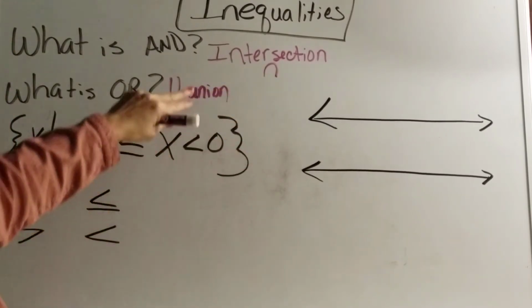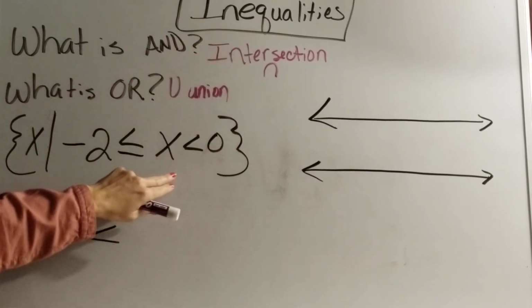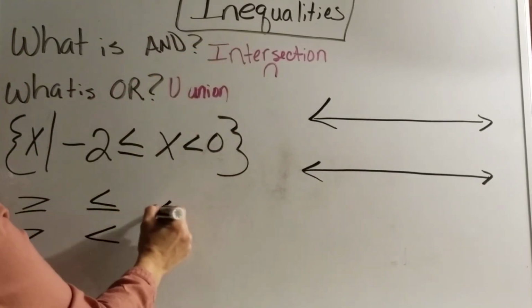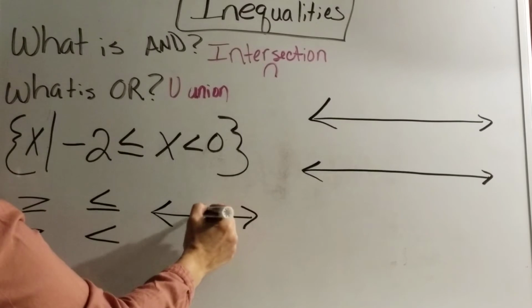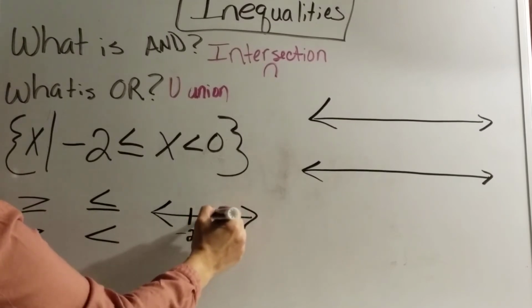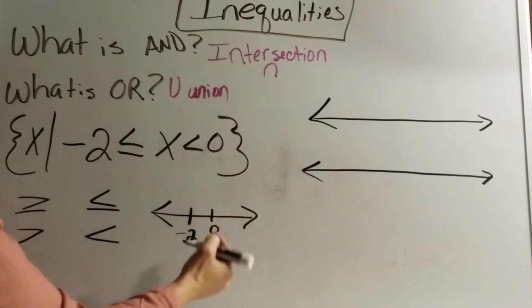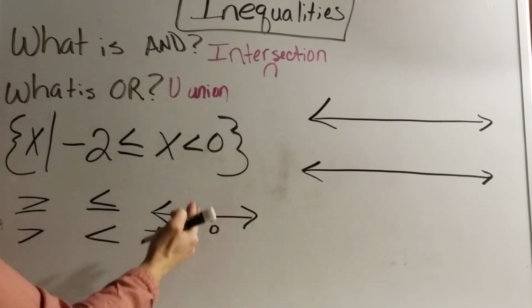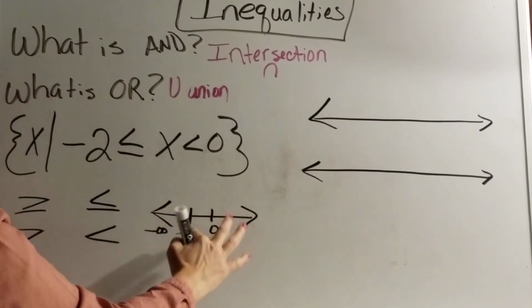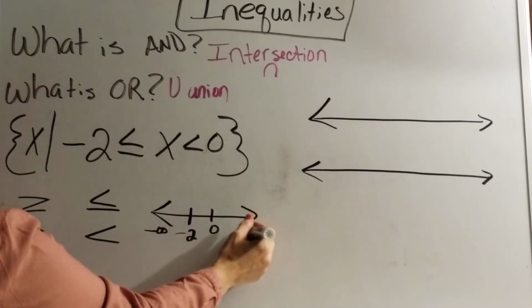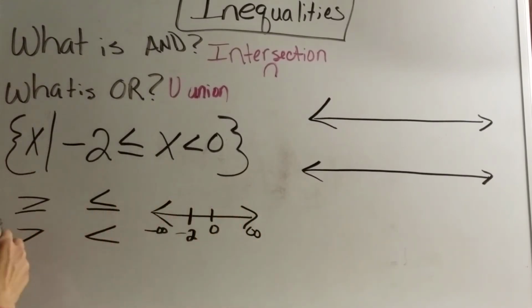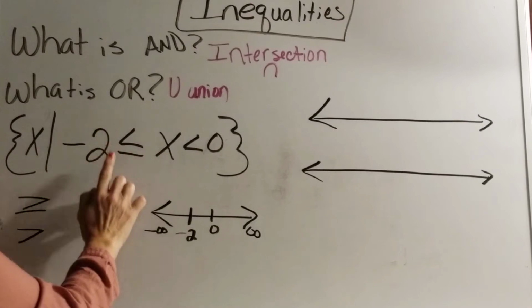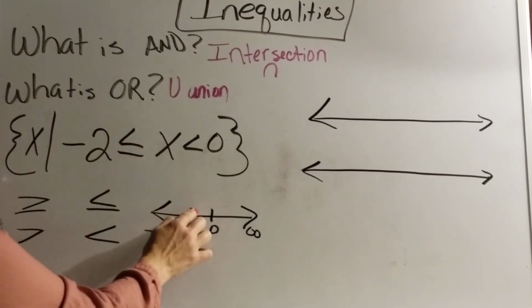If they didn't ask you about "and" or "or," and they just said graph this, that would be easy. We would say -2 is on this side of the 0 going closer to negative infinity. And then 0 is a halfway mark on the line because we have negative infinity to positive infinity. And we see that it's closed on the -2 because of the equal sign.